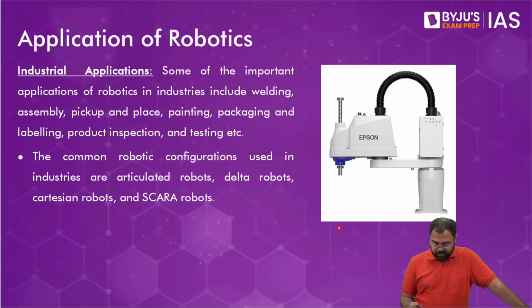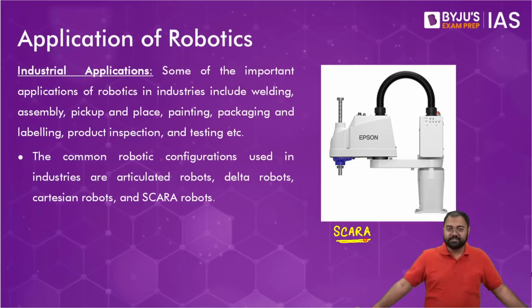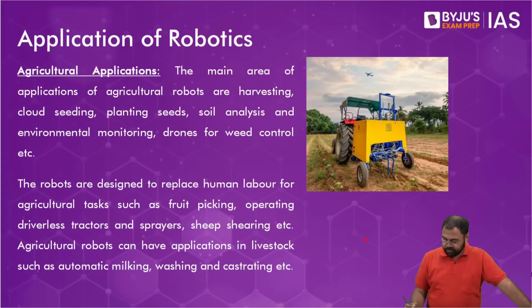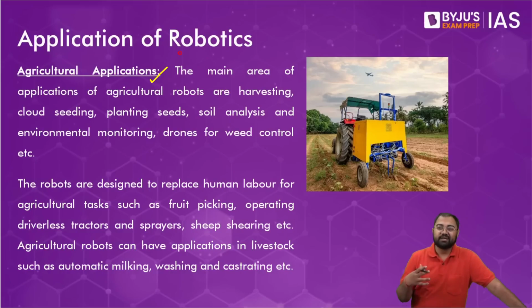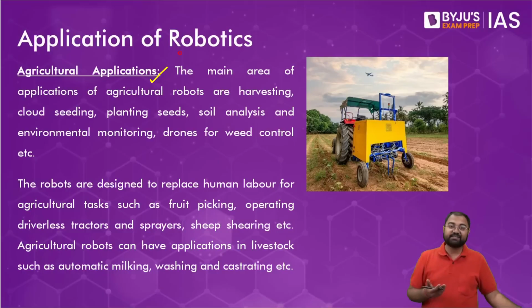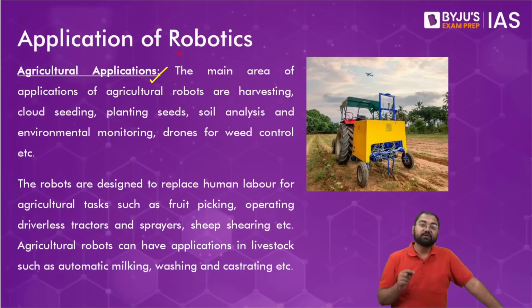For example, a very famous robotic arm called Skara. Skara has been one of the very popular industrial robots that has been used in a lot of different industries. Then in agricultural applications, whether it is about harvesting or placing seeds through drones, or even soil analysis, all these things can be done by robots.